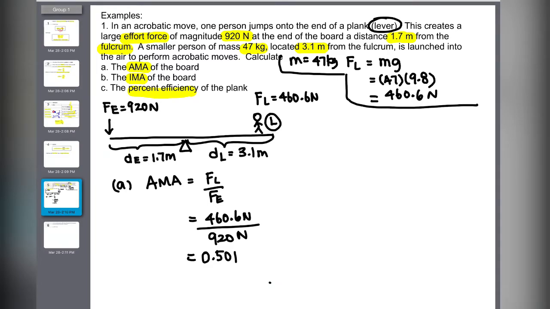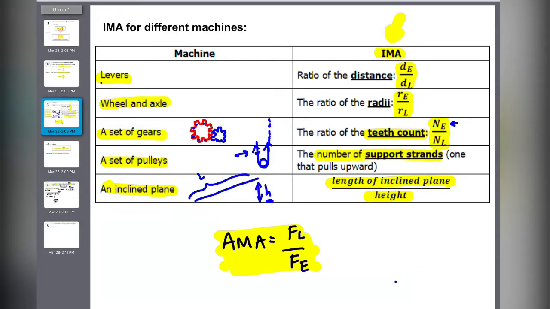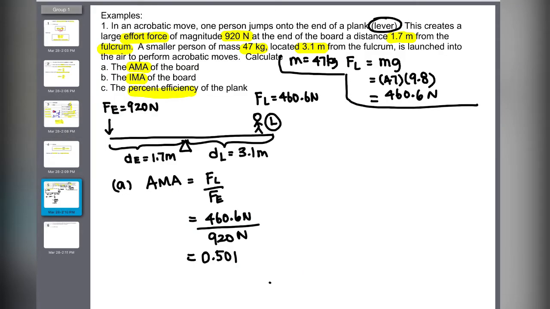Okay, second question asks you for IMA. So having the chart in front of me, I'm dealing with levers, so I know that to calculate the IMA, I have to go DE divided by DL. When we're doing our test, make sure you have all your equations in front of you, right? Like the chart, for easy access.